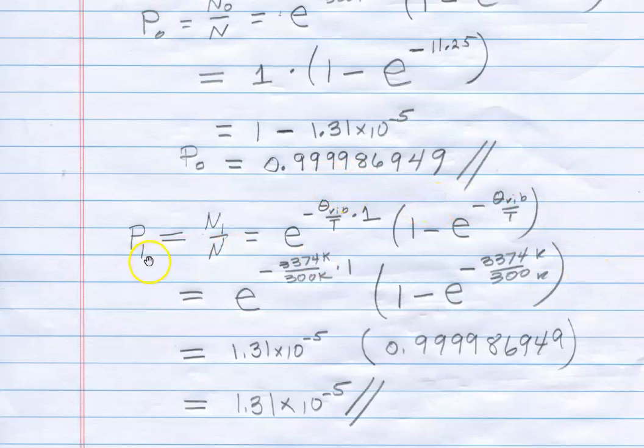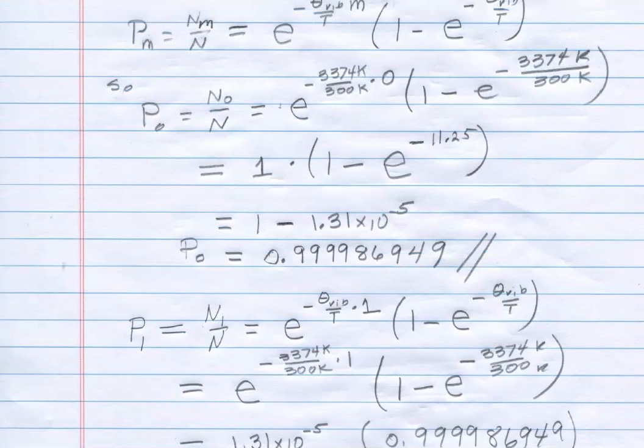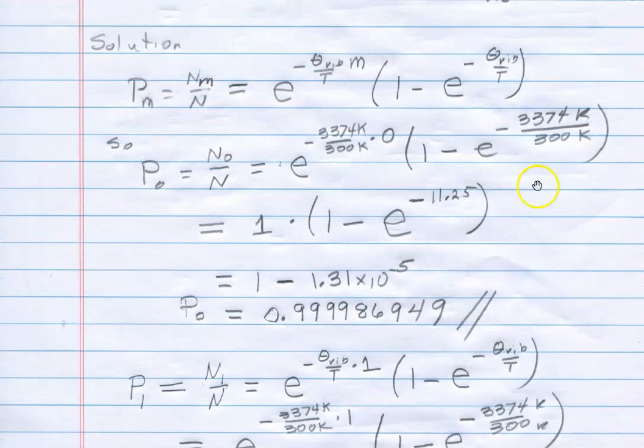Now we can get the probability that they're in the state n equal to 1. That's the first excited state. And that's just the number of particles in that state divided by N if you've got a system. And again, it's the same formula above. The only difference is now n is 1.